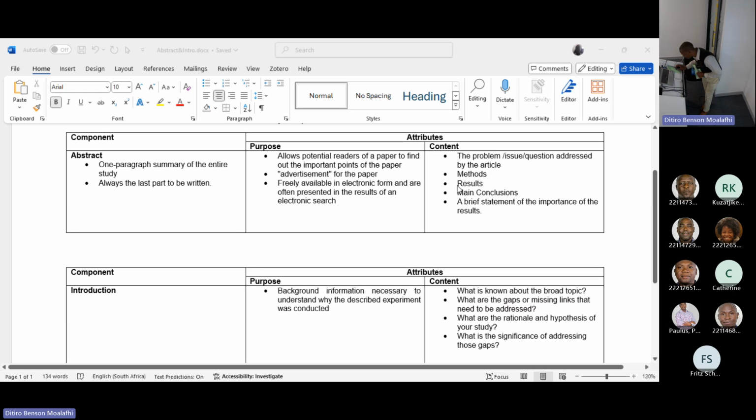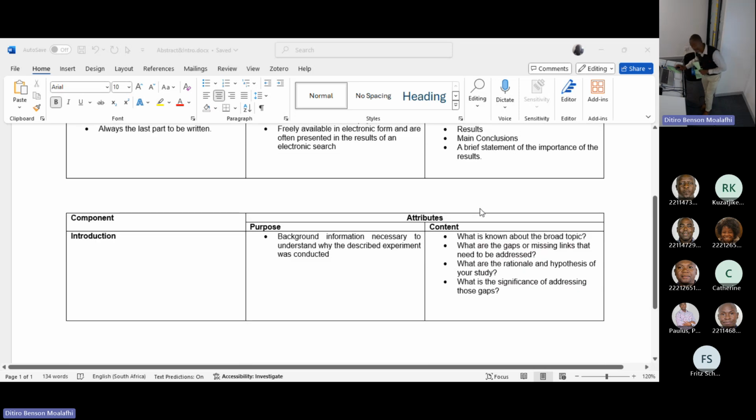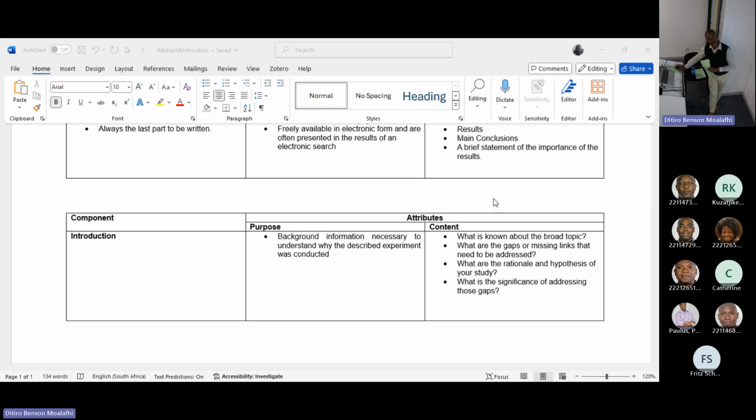So after the abstract, we also have the introduction, using this broader-to-narrower approach, whereby you start globally, with some kind of scan of the literature review, key literature, and then converge to your study area. Even in terms of the area, you start abroad, and then start moving to the specifics. So this is the background information necessary to understand why the described experiment was conducted.